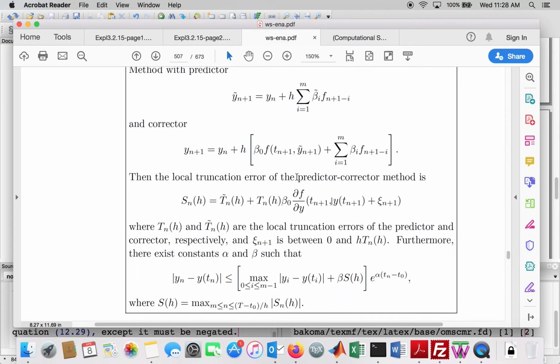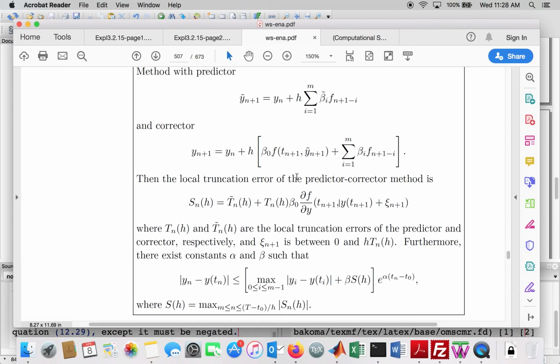Effectively, like I said, you're just using the corrector. Okay, so this is how we get local truncation error for one step and general multi-step methods, and also for predictor-corrector methods based on multi-step methods.